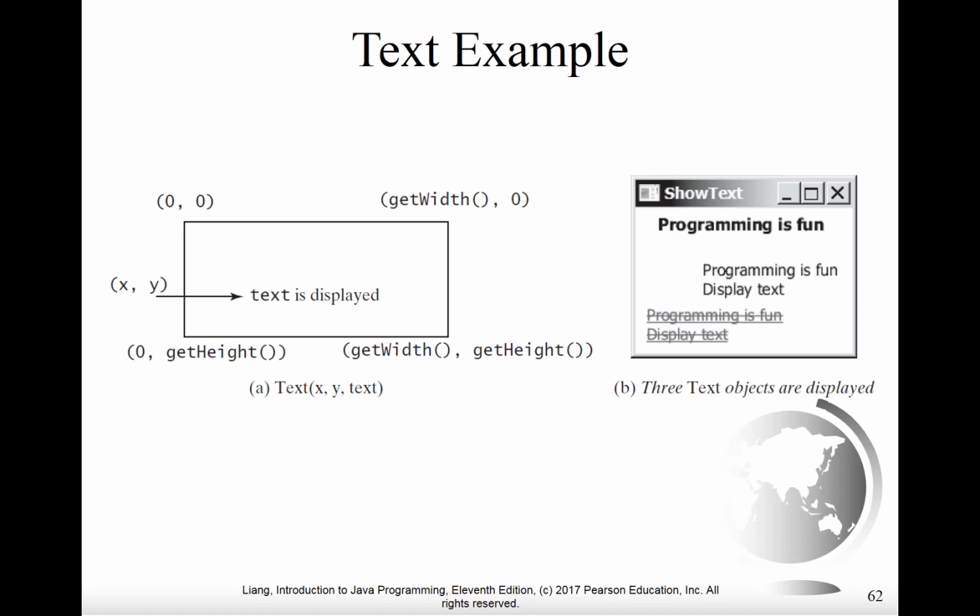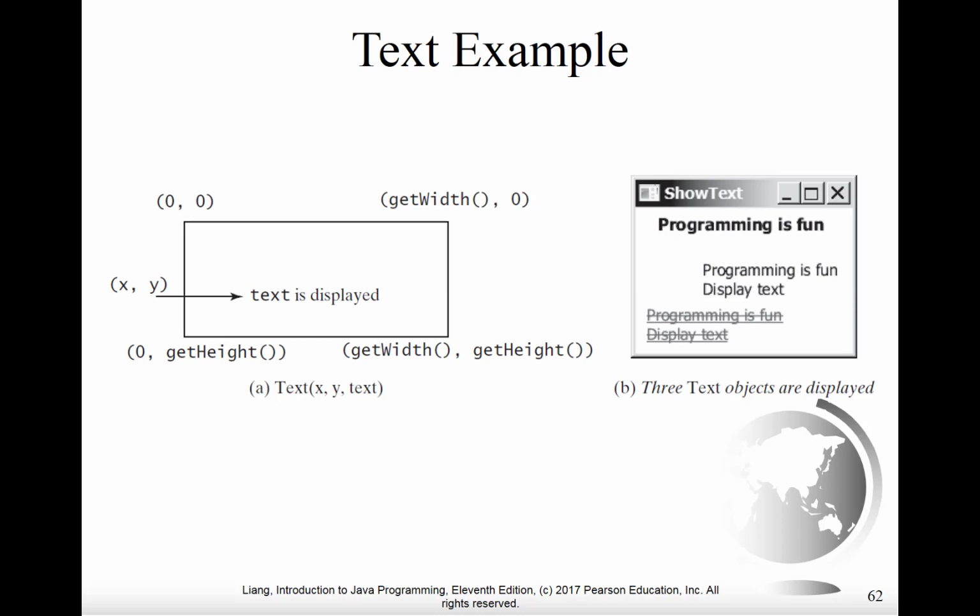You'll notice that the coordinates are with respect to whatever pane we've dropped this text into. So if the text is put into a pane and the top left corner of that pane is 0, 0, and the bottom right corner of that pane is then the width and height of the pane, then the X, Y coordinates we specify for our text are going to be within that coordinate system.